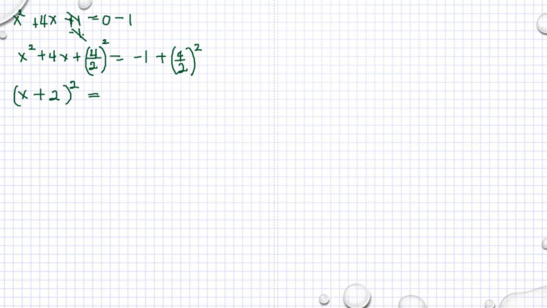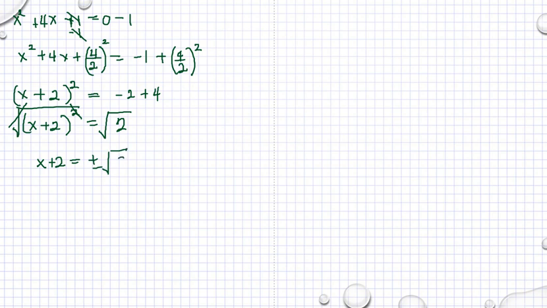And then we have -2 plus 4. So x plus 2 squared is equal to 2. And we take the square root of both sides of the equation. Then we have x plus 2 is equal to positive negative square root of 2.